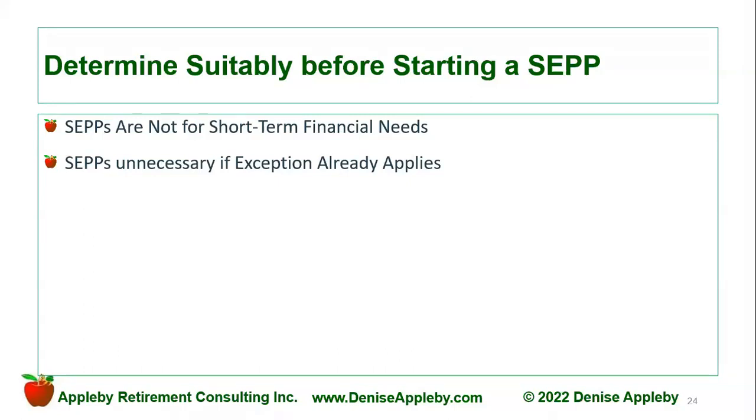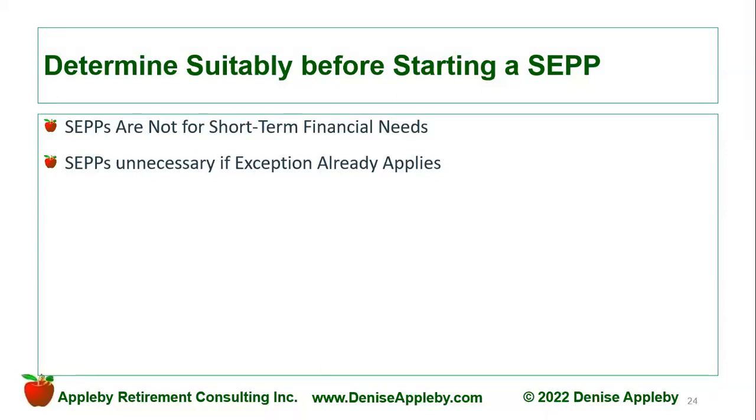Let's paint a scenario where someone just lost their job and they need some cash, but the only source of cash that they have is an IRA under age 59 and a half. Should they start a 72T program to avoid the 10% early distribution penalty? Well, the answer is it depends. If this person is looking for a job, it's likely that they'll find a job soon and might not need to continue taking distributions.